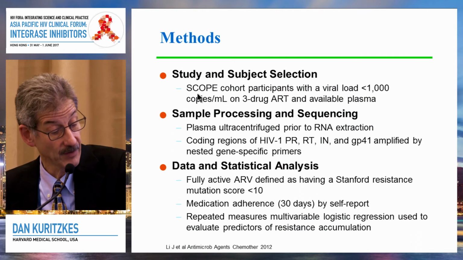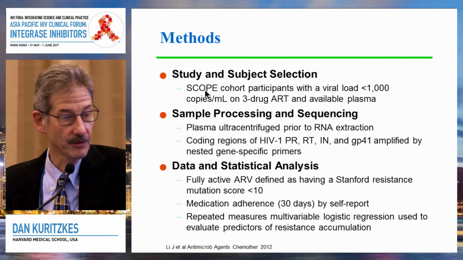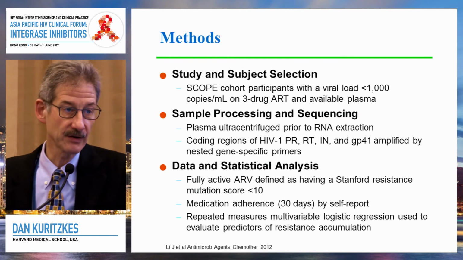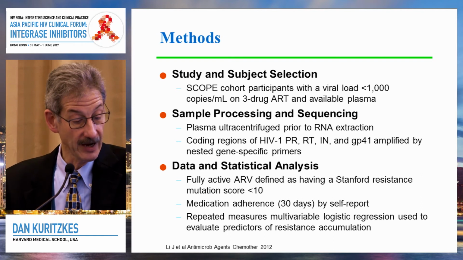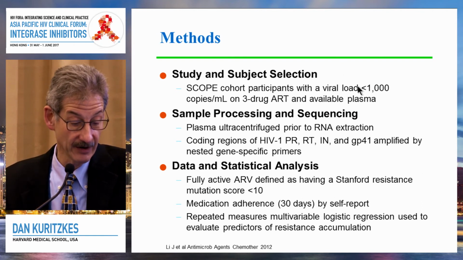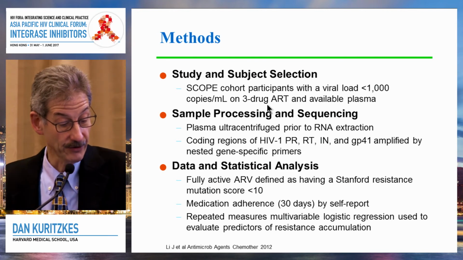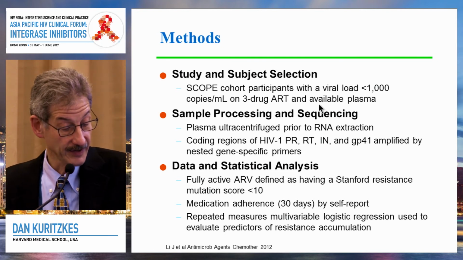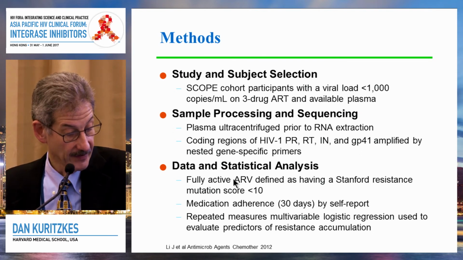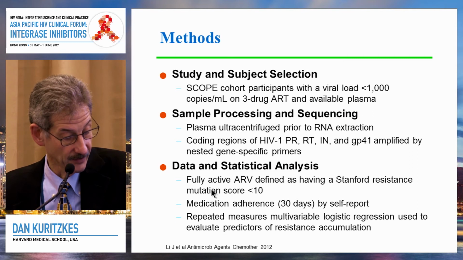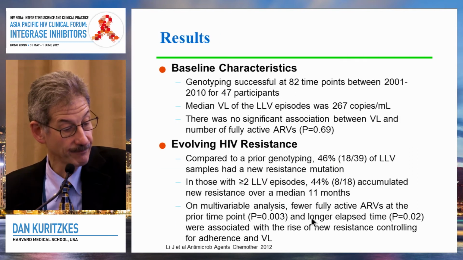And this made use of patients from the SCOPE cohort, which is a long-term follow-up cohort of experienced patients that Steve Deeks has been following for years and years. And again, we defined low-level viremia as having a detectable viremia under 1,000 copies. Patients had to be on triple drug therapy and have an available sample. We did the usual sequencing and then analyzed those results statistically by multivariate regression.